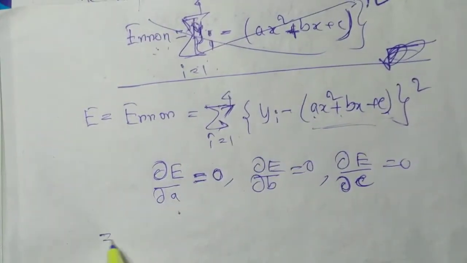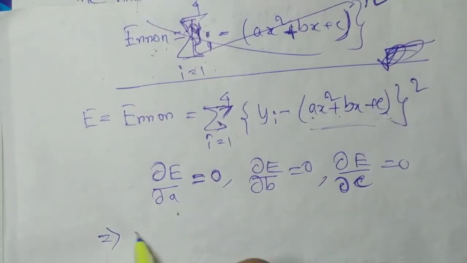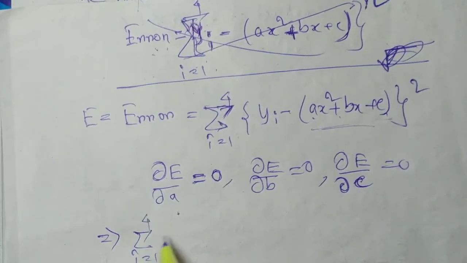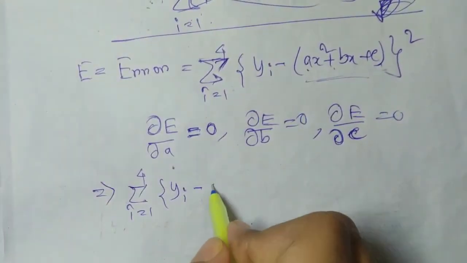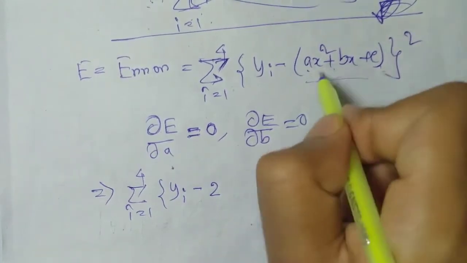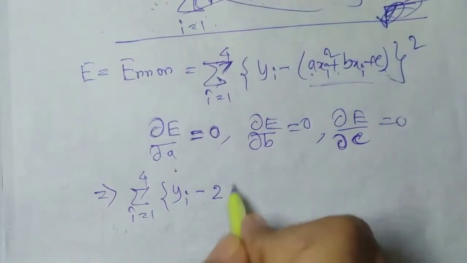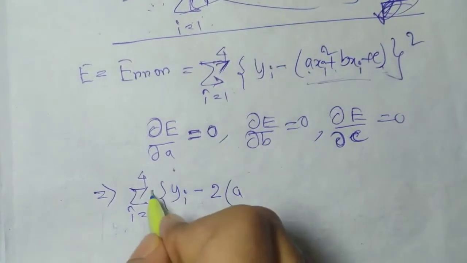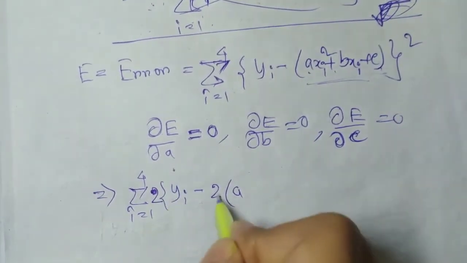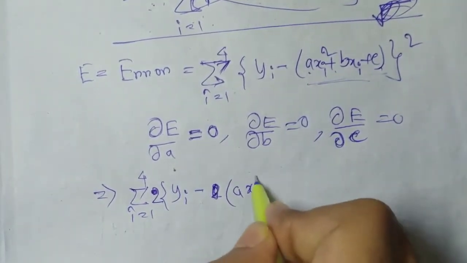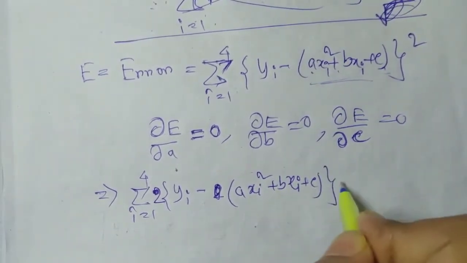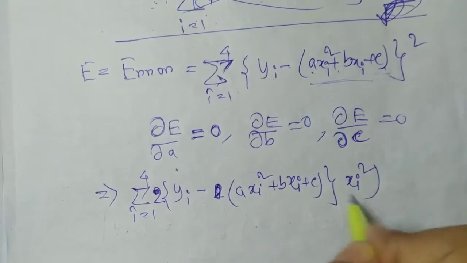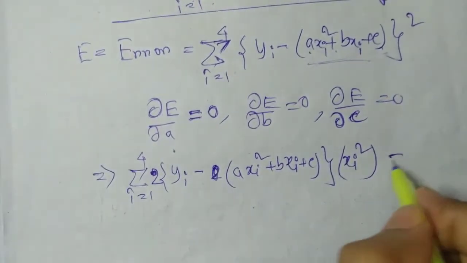From del e by del a equal to 0, we obtain that the summation for i equal to 1 to 4 of yi minus (a xi square plus b xi plus c), into xi square, equals 0.